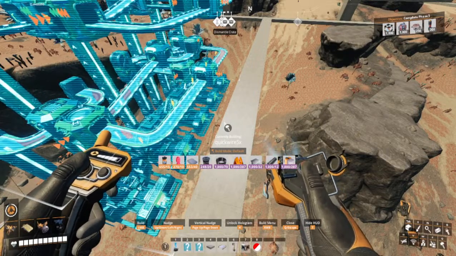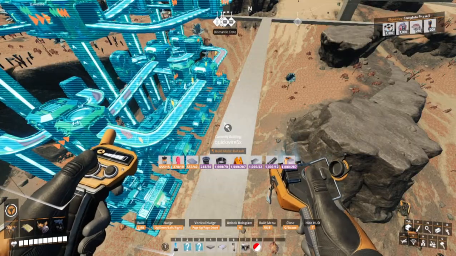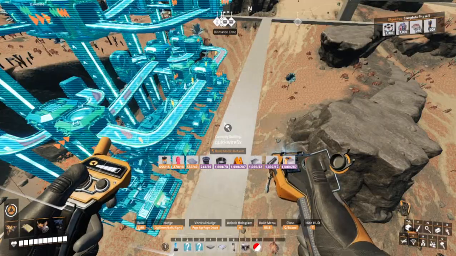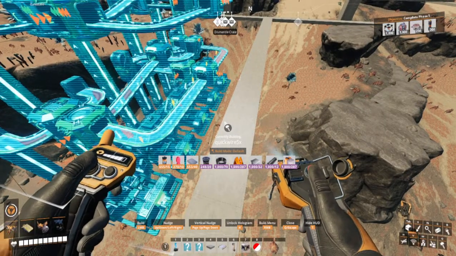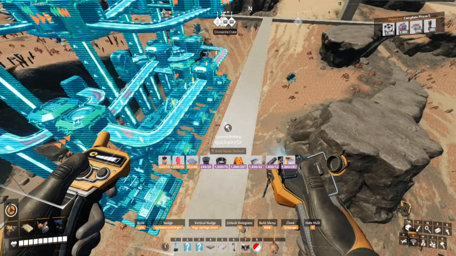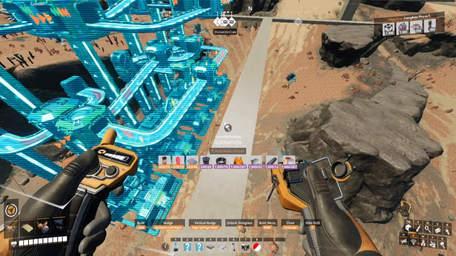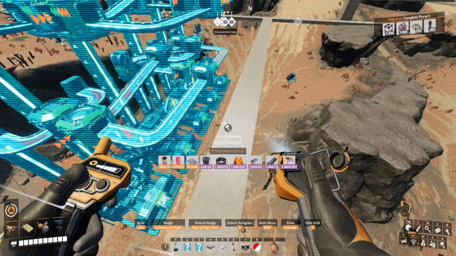The output of all these belts would be 480, because it'd be 24 times 5. No, 24 times... If I just group these 5, it'd be 20. It'd be 120.